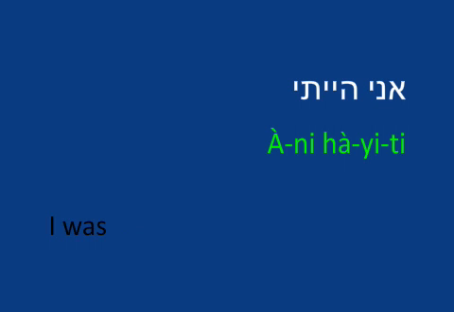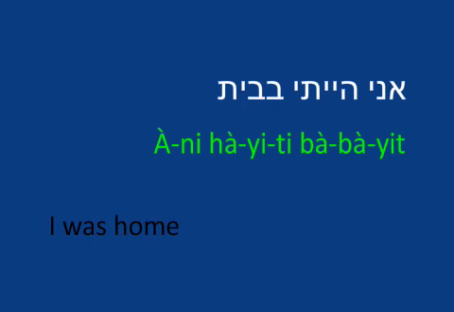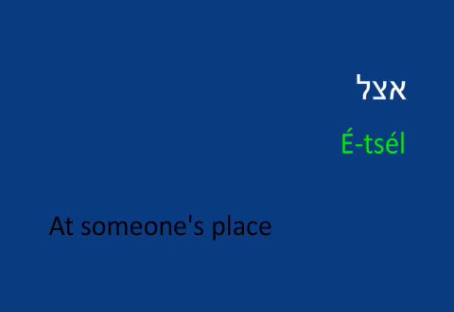Next we'll learn to say I was. Ani hayiti. So I was home, Ani hayiti babayit. Very good. The next word we'll learn has no direct equivalent in English.